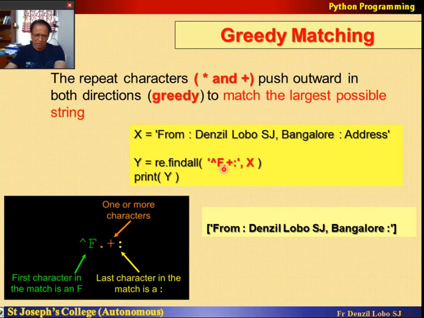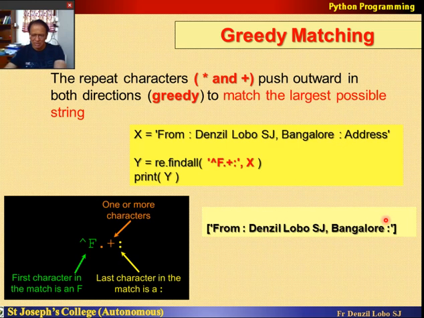Then this is any character one or more times. So FROM colon it is going to print, and it goes on because there is one more colon here, so it is going to print all this. As you see here, the result is from up to here. Not address is not printed because colon is appearing two times. Therefore this is called greedy matching.